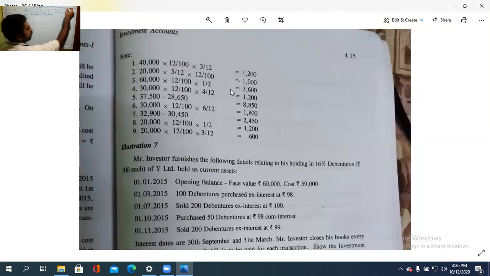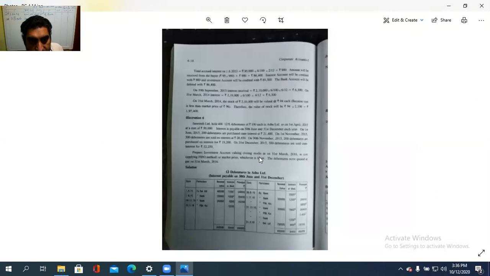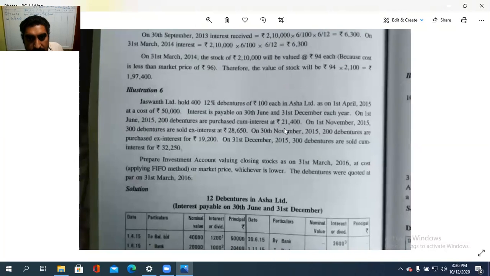So that is 5 by 12, 5 months. So it is 1,000. That 1,000 is coming here. Here it is given in the question, 21,400 is the cum interest value. Total value is 21,400, out of that there is cum interest of 1,000. So it is 20,400.